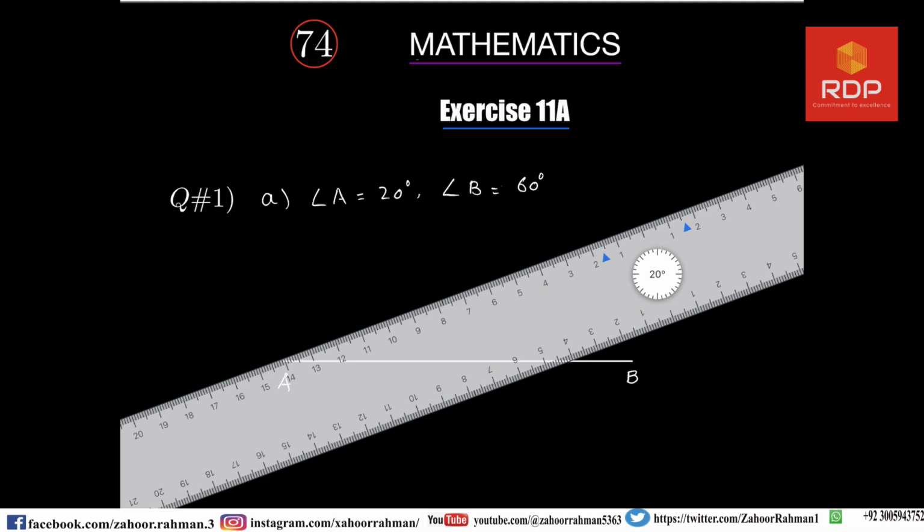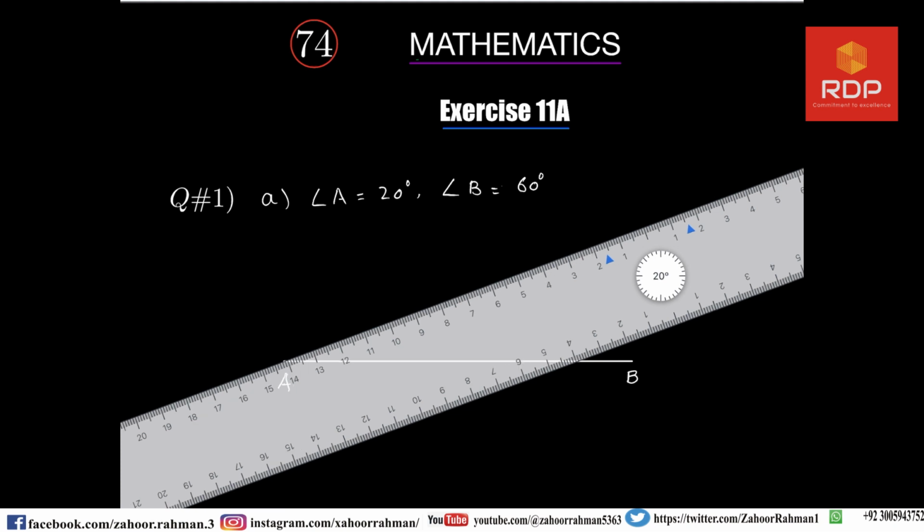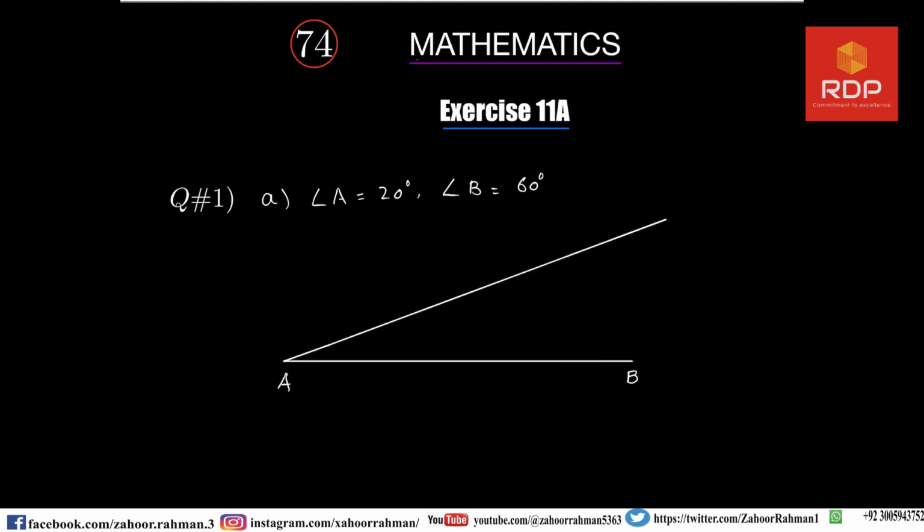So I am making sure that the vertex is absolutely correct and then I am drawing a line of as much length as well. So I am labeling this to be 20 degrees and let me label it with A dash.